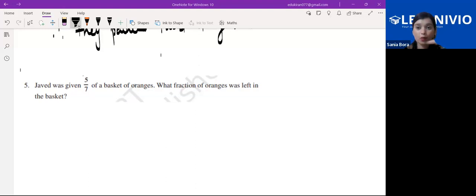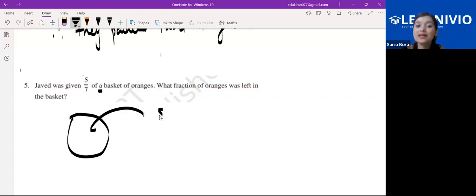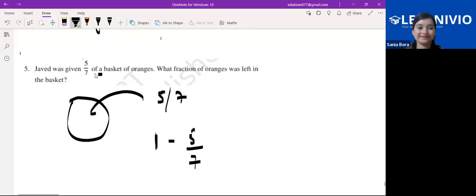One full basket was there. Of a basket means one basket. So one minus 5/7. Never miss this word, because 'of a' means one.